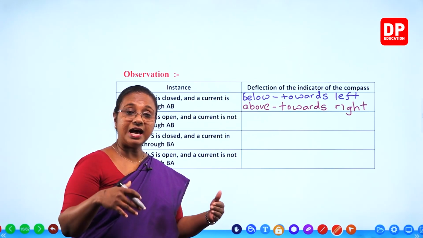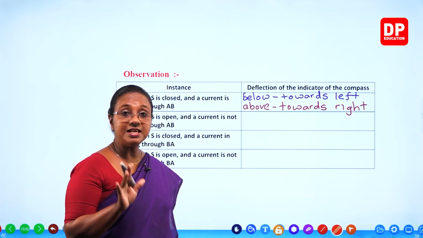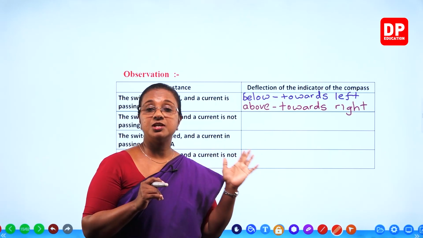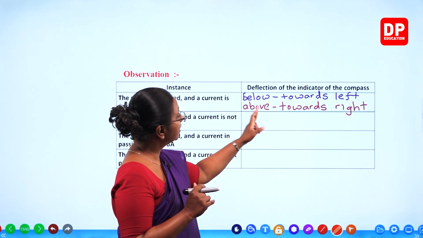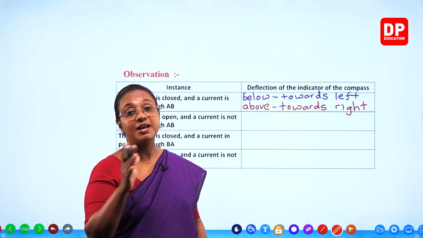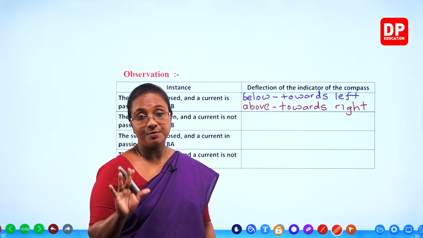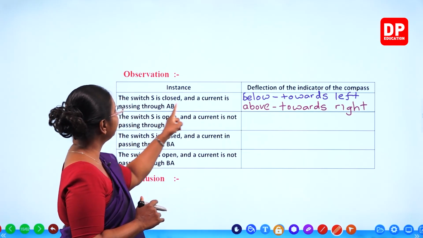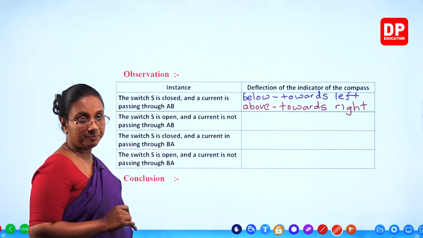If we label it the other way, then the directions would change, but still you will see when the compass is below, deflection will be towards one side. When you move the compass to the above the conductor, the deflection will be in the opposite direction. That is what is important. And also there is deflection only when there is current passing through AB.